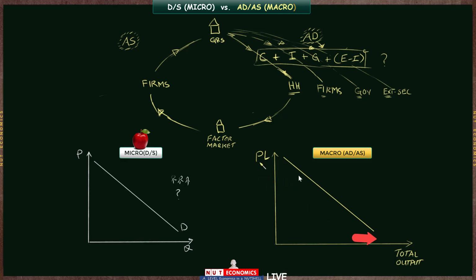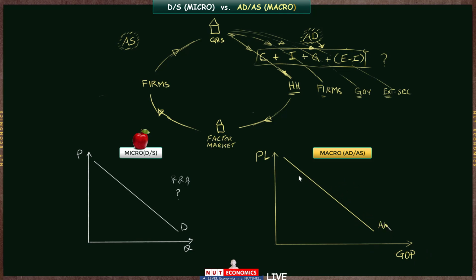On the x-axis, you are not going to measure how many apples or how many oranges or how much of one individual product. You are going to measure the demand for the total output, which we learned in the last video is known as GDP of the country. And then, it's simple. You get a downward sloping aggregate demand curve.